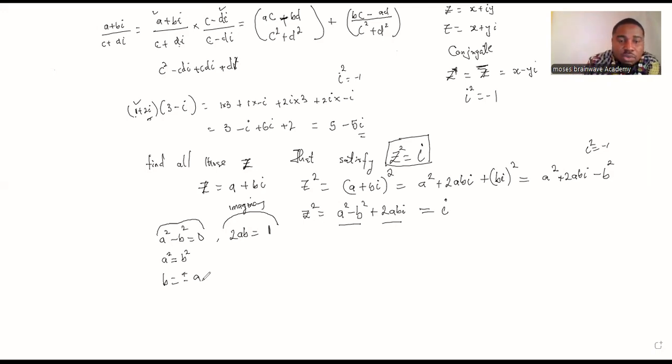So how can we do that? We have b equal to plus or minus a. So we can substitute a for b in this particular equation over here.